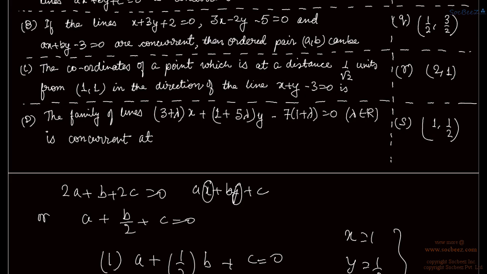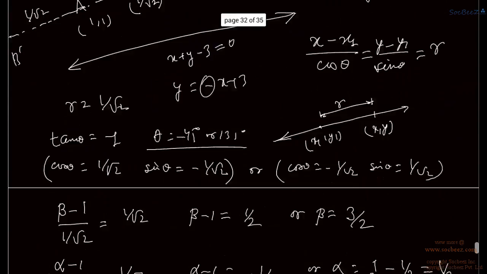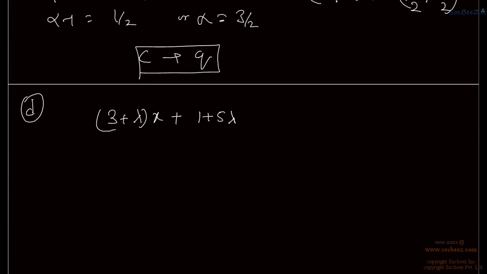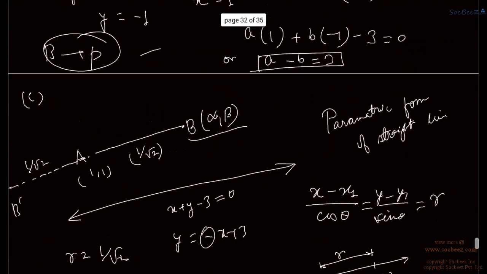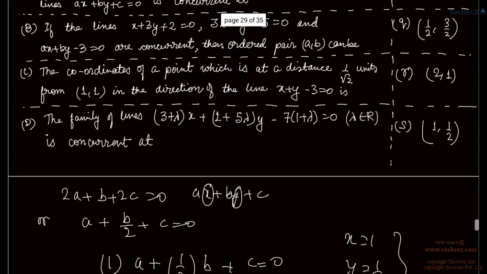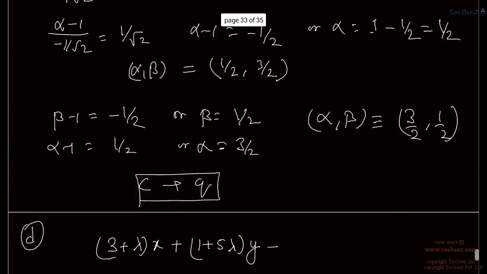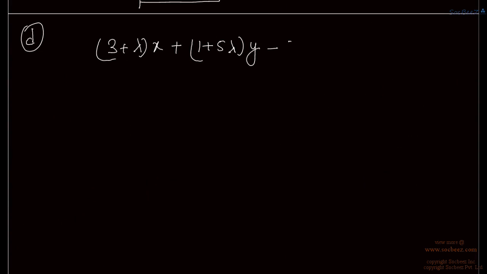So we have the equation (3 plus lambda)x plus (1 plus 5 lambda)y minus 7 times (1 plus lambda) equal to 0.